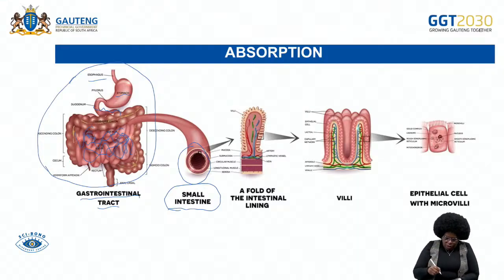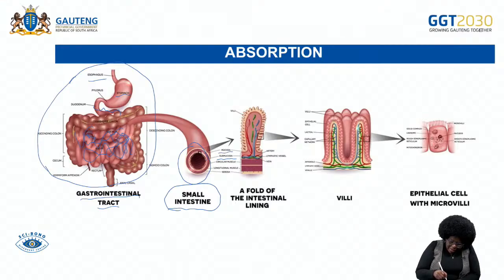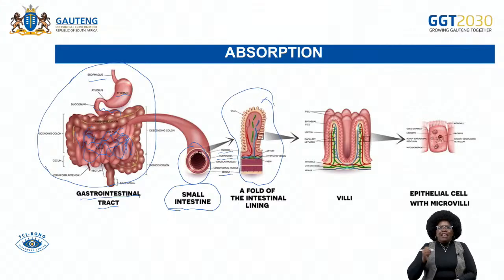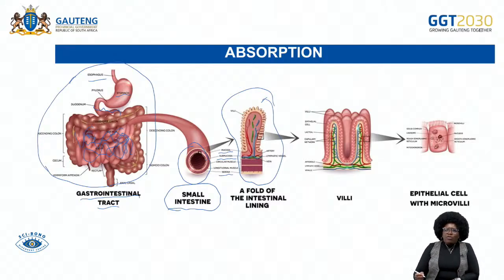So what we have here is the small intestine, and we've got different layers. The submucosa is the inner part of the small intestine. We've got mucosa, and inside we also have the serosa. We can start relating to this diagram. Don't worry about this diagram, we're going to tap on it so much. But for your information, this is now a fold of the intestinal lining, which is the villi, or villus if it's one.